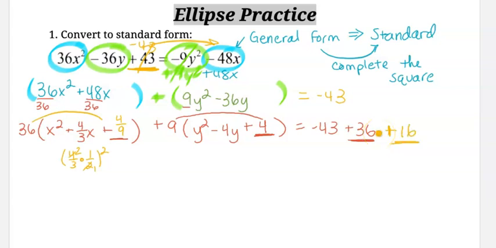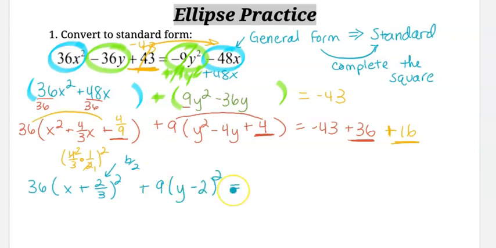Okay, so when I go to complete the square, I'm going to have x plus 2/3 squared, because remember that value is b divided by 2, plus 9 times y minus 2 squared. And then we are going to be equal to, I believe that's 9 on the right side.